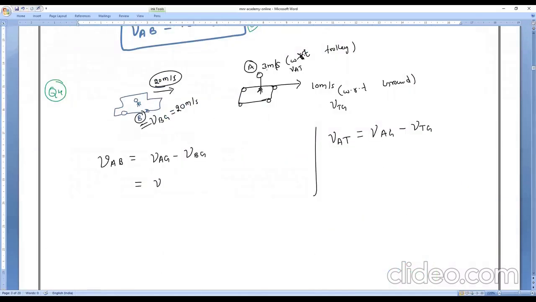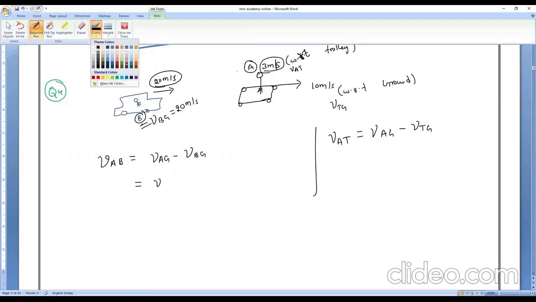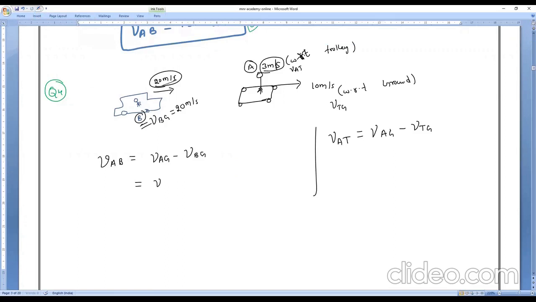A appears to be coming at 3 meters per second, backward direction or forward direction? Backward direction. Because whose velocity is greater, A or B? B is moving faster. So A appears to be coming plus or minus? Minus 3 meters per second.